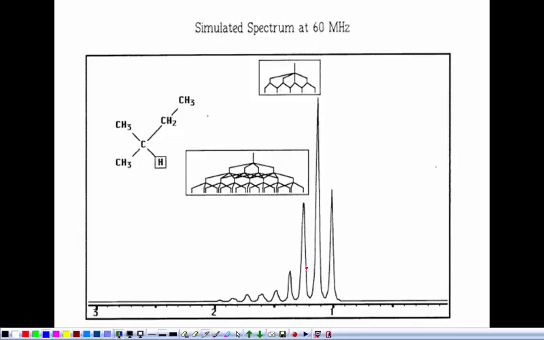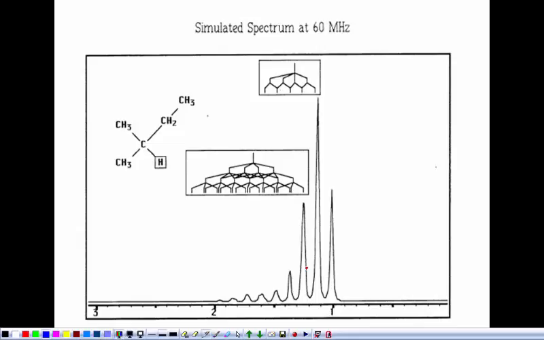Instead, you get something like this. Once those two peaks get so close together that their distance is roughly the same as the coupling constant, the spectrum is no longer predictable. It's not first order, it's what we call a second order or non-first order spectrum.